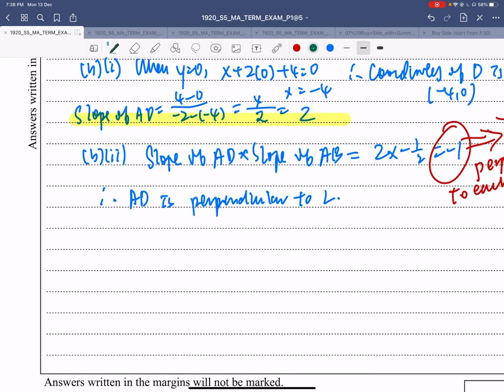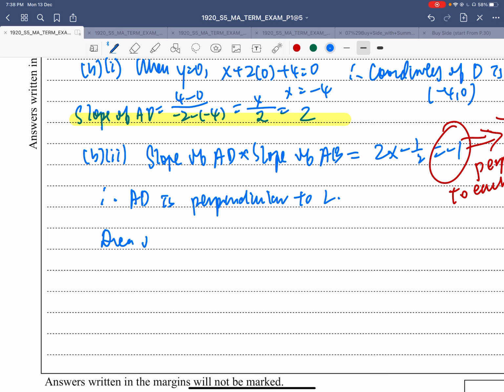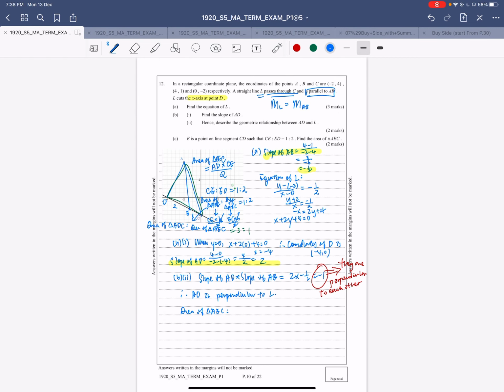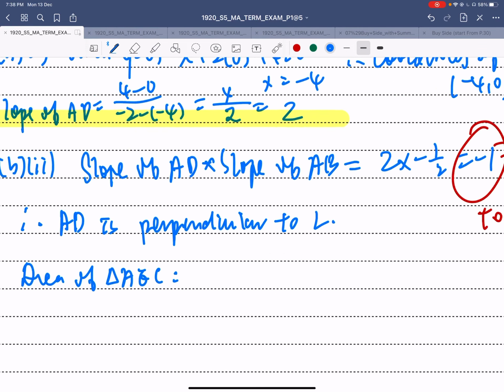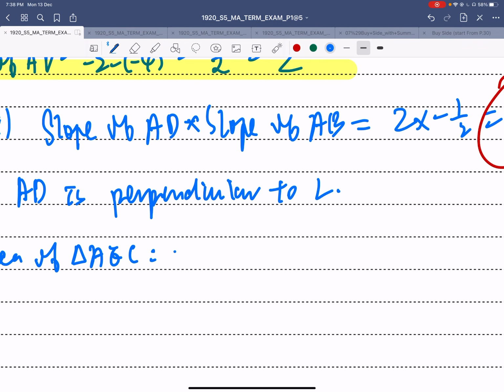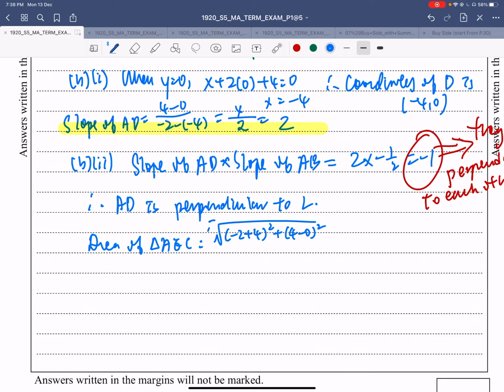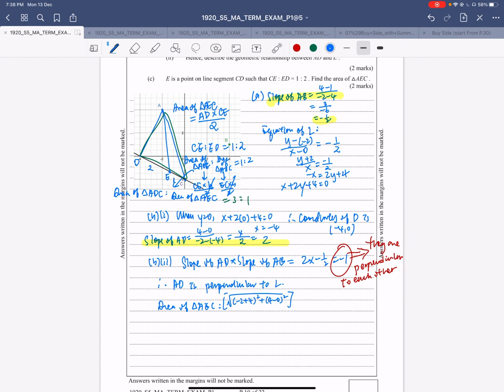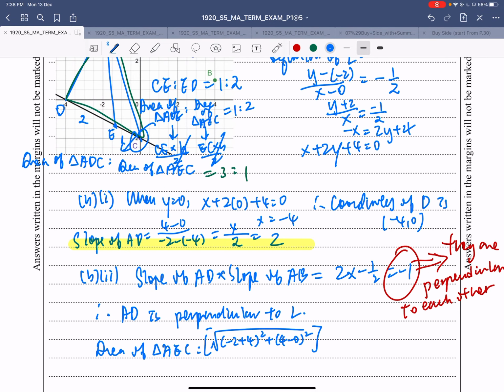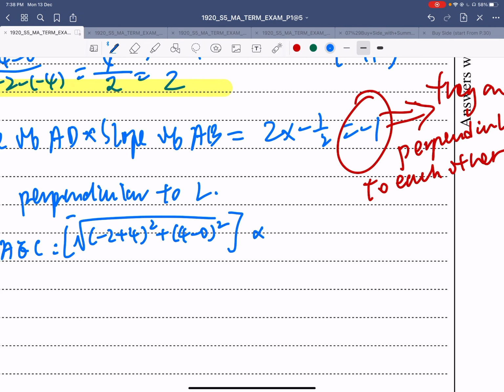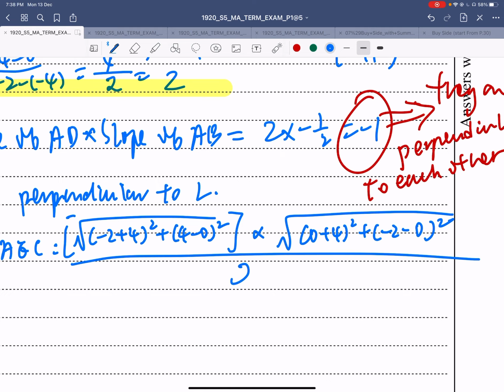So why don't I find the whole area of triangle ADC first? What is the length of AD? The length of AD is quite easy to find. You can use the distance formula, root of (-2 plus 4) squared plus (4 minus 0) squared. Okay, this is the length of AD. Times the length of CD. You know the coordinates of C and D, so the length of CD is root of (0 plus 4) squared plus (-2 minus 0) squared, all divided by 2.